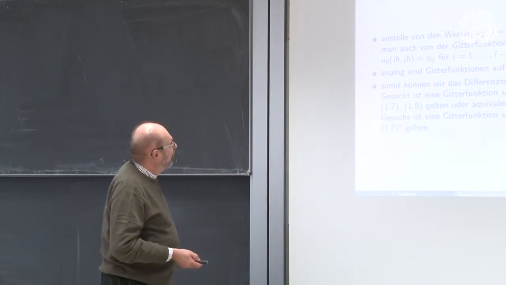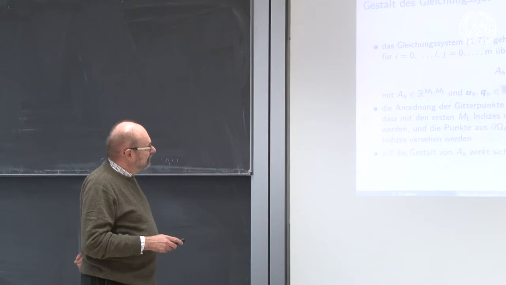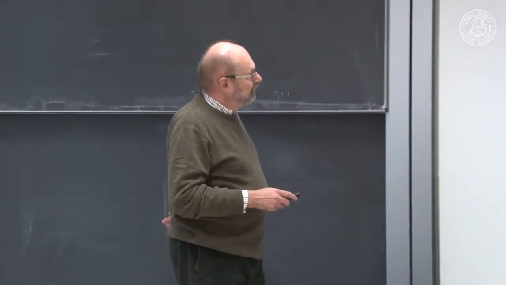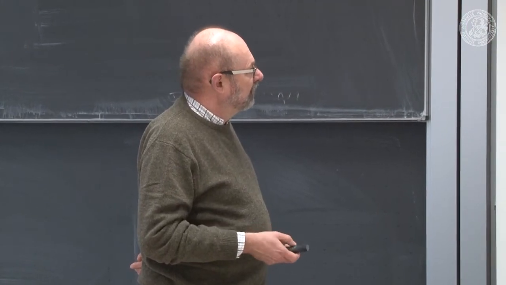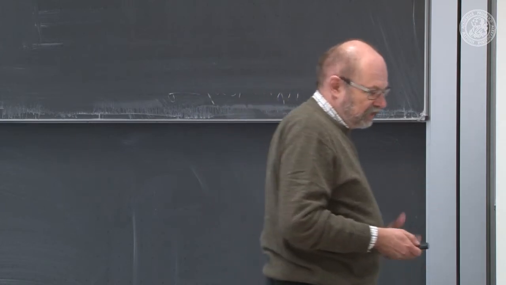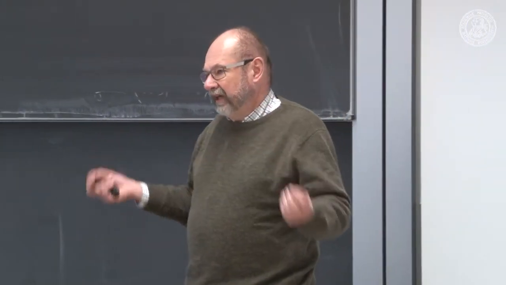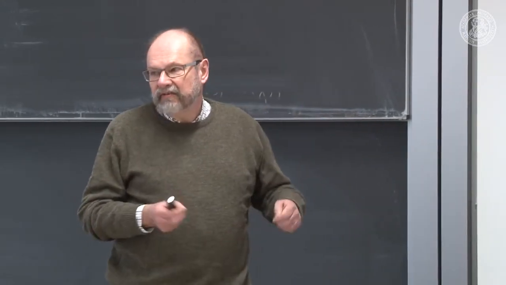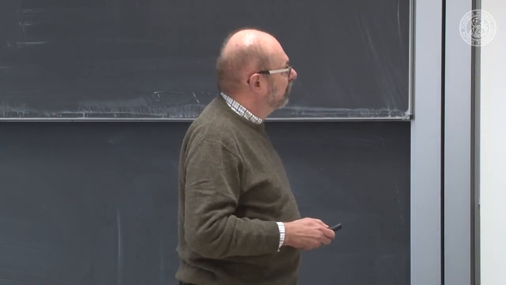And the same applies for the data. So here, for example, we've chosen the ordering, and therefore we have in bold print a uh. And the same applies for the data which go in. There are the given continuous functions, the f for the right-hand side, the g for the boundary conditions. We have the evaluation at the grid points, that gives us grid functions, and then we have vectors representing the grid functions.